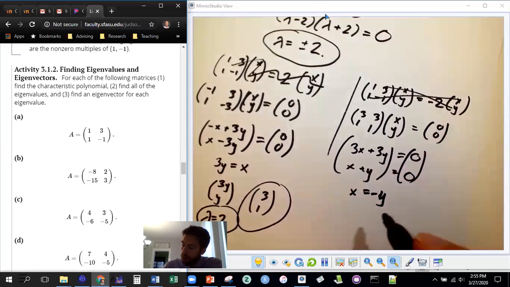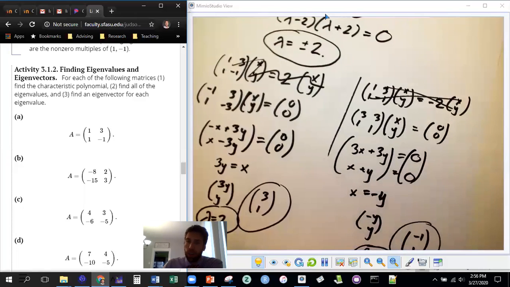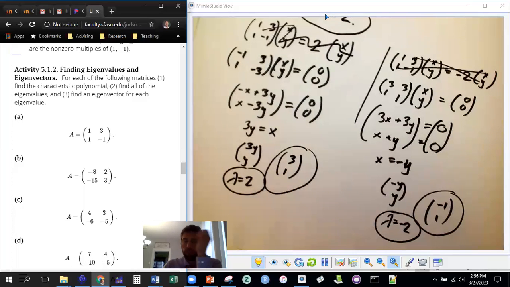So then I can plug in for x, and my vector is negative y, y. And then my favorite value of y is still 1. So my vector would then be negative 1, 1. That's for lambda equals negative 2. So that's how you find the eigenvalues and eigenvectors of a matrix. That completes part A.